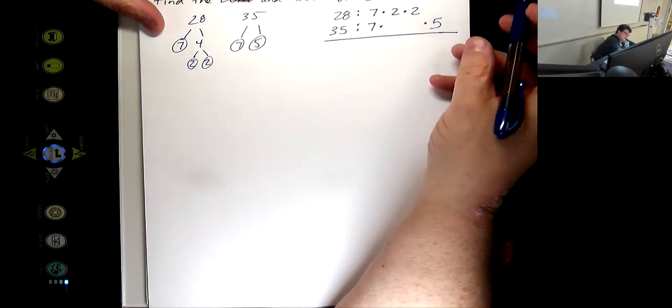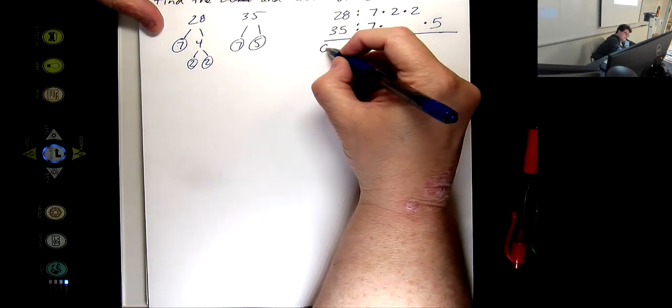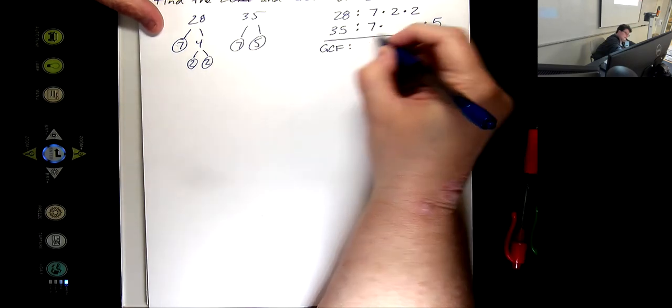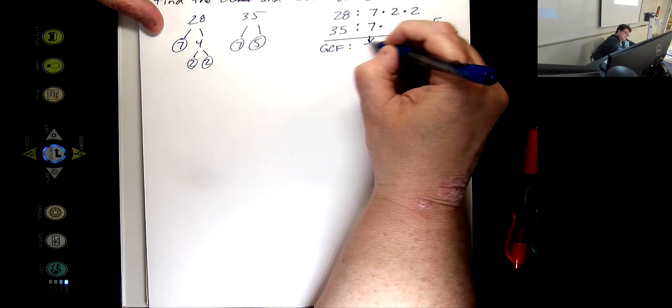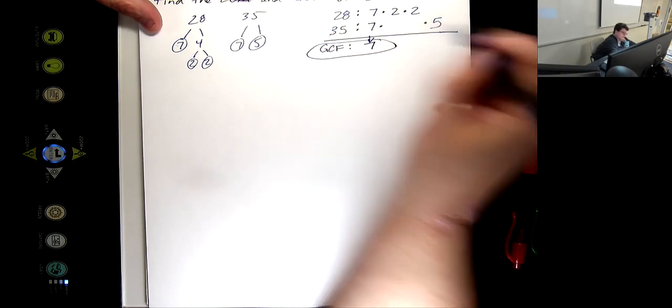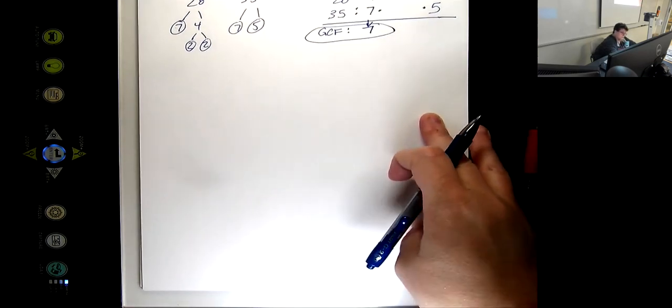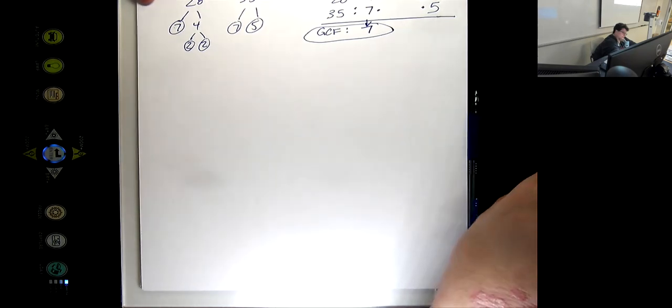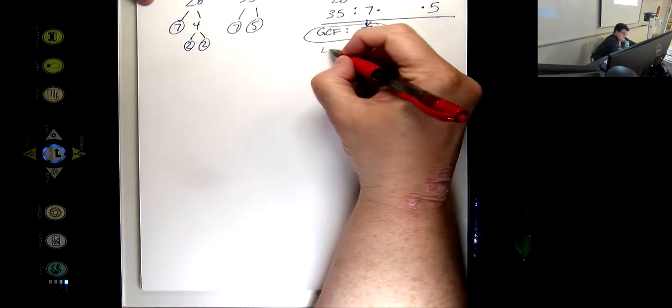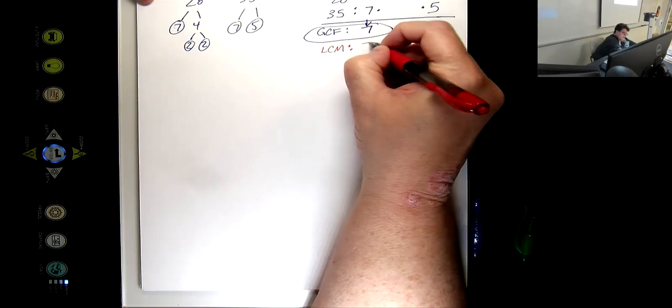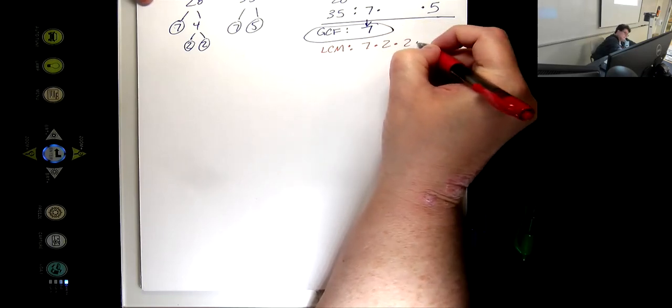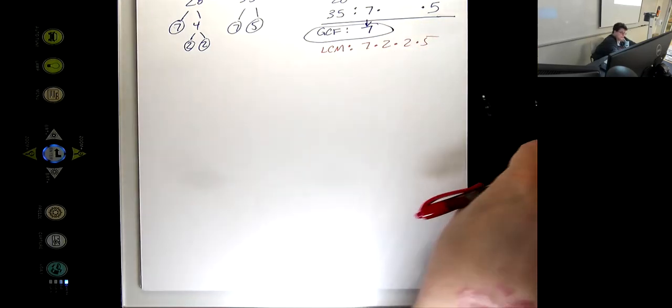So I can see right away the GCF is the only filled column, the 7. To find the LCM, I'm going to bring 1 down from each column and multiply these together.